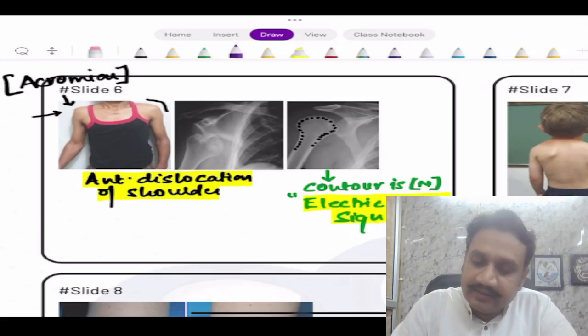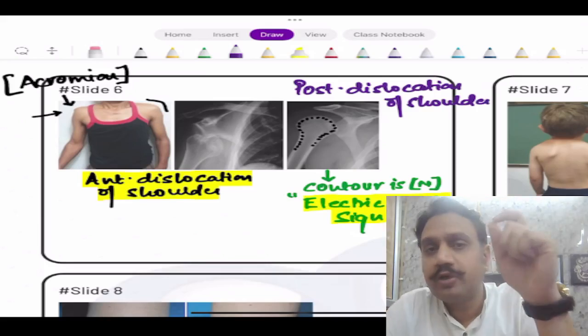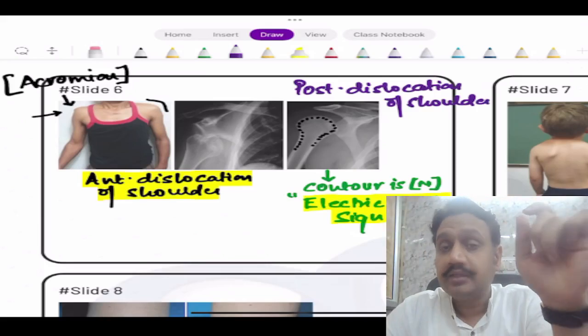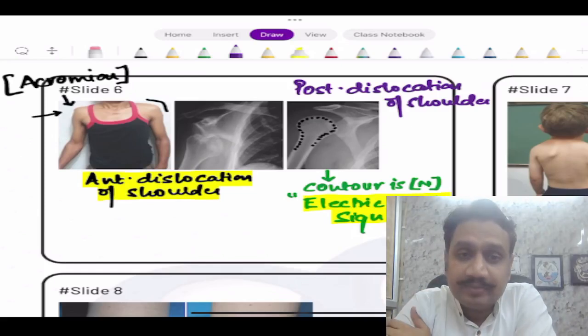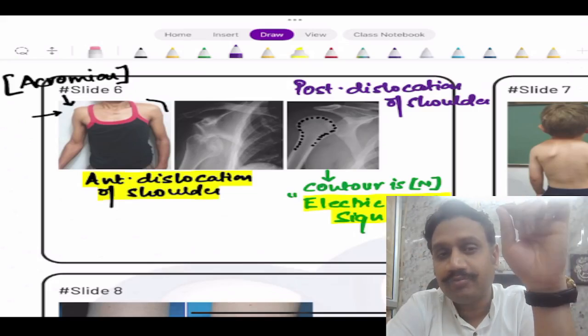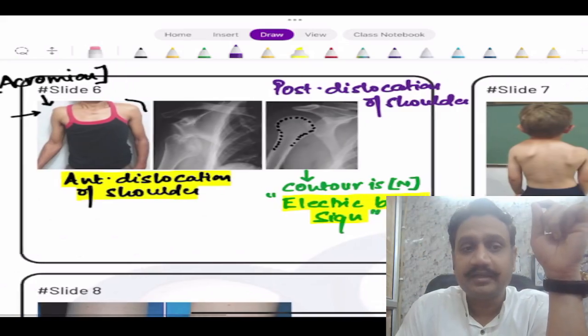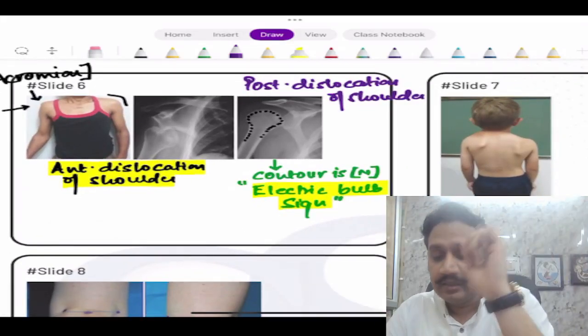Where do we see that? This picture will be seen in posterior dislocation of the shoulder. So in your exam, if a patient has a history of fall and is not able to mobilize the shoulder, but the contour of the shoulder is maintained, you know you are talking about posterior dislocation, because the contour will be maintained and the x-ray is going to show a very typical sign. We call it the electric bulb sign.